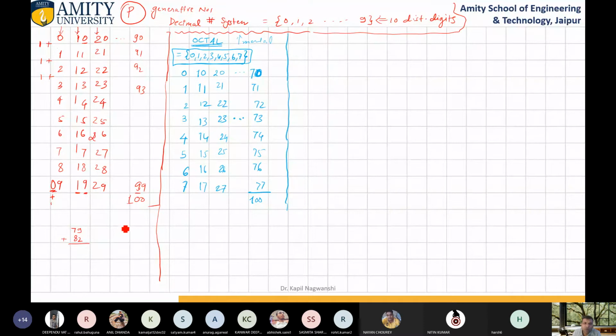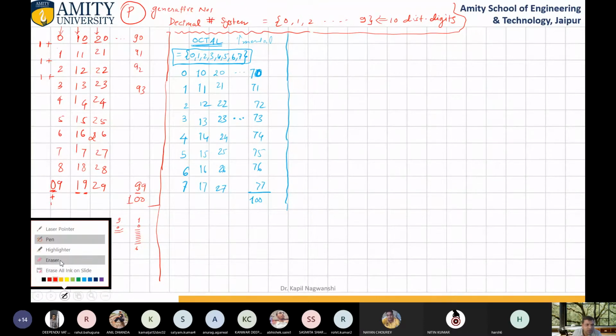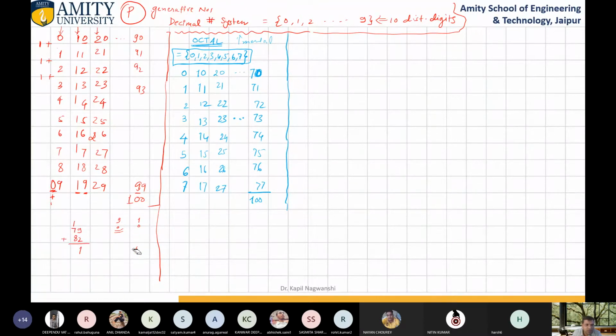Initially, 9 put here, then 2. So 9, 10, 11. So this is 11 and carry 1. Now next is 1 plus 8. 1, 2, 3, 4, 5, 6, 7, 8. Then sorry, it is not 8, it is 7. Erase this.